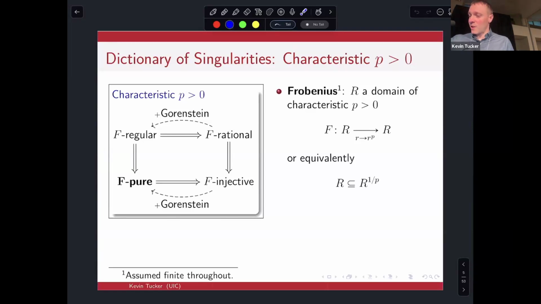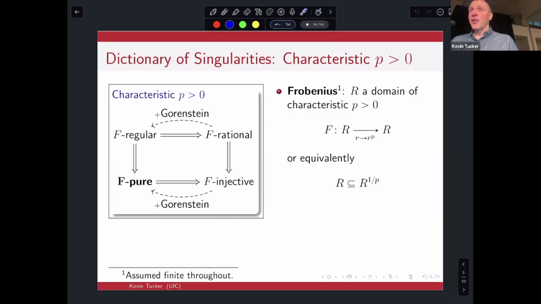I'll tell you a little bit about a couple of them. But first, let me remark that there's a variant on how you can think of the Frobenius inclusion. Instead of just looking at the p-th power map here, you can view Frobenius as the inclusion of R in its ring of p-th roots.